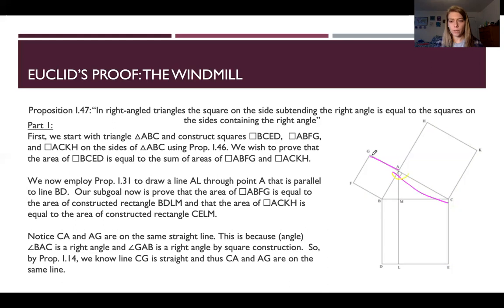And GAB is also a right angle because we made a square. So by his proposition 14, we know that line CG, this whole thing right here, is straight, and so CA and AG are on the same line. So that's what we've got so far.